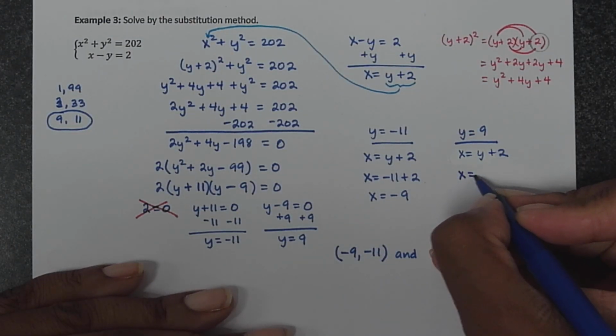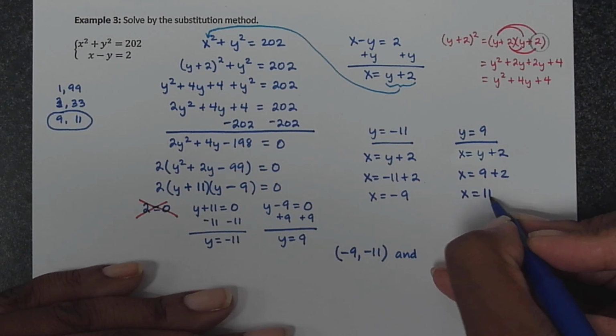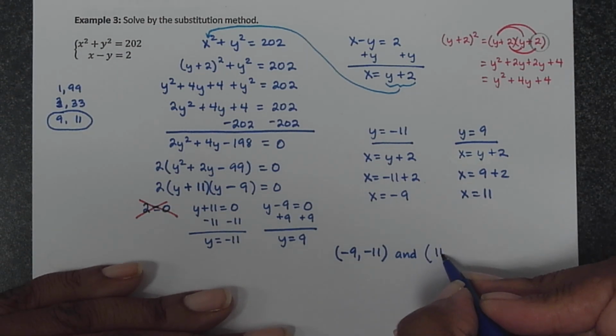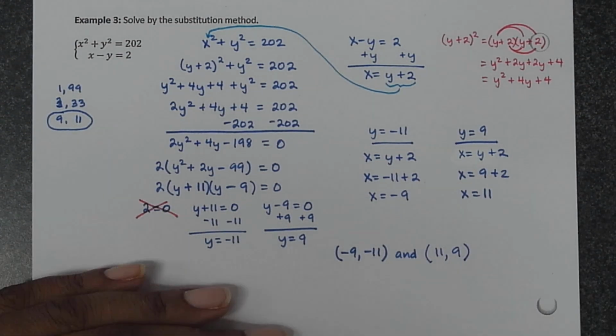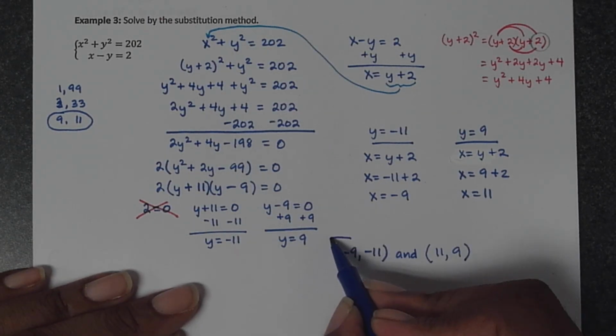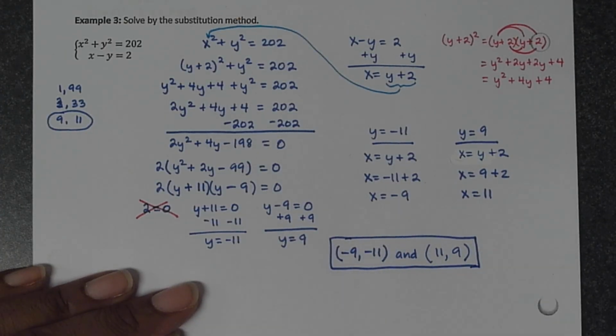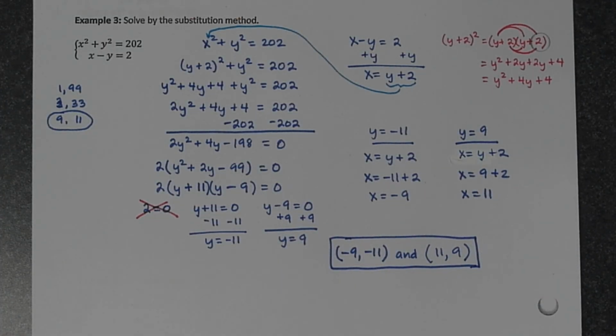And then replace the y with the 9, so 9 plus 2 will give us an x value of 11. So my other ordered pair that will satisfy that nonlinear system would be 11, 9. So those are the two ordered pairs that will satisfy this nonlinear system: -9, -11, and 11, 9.